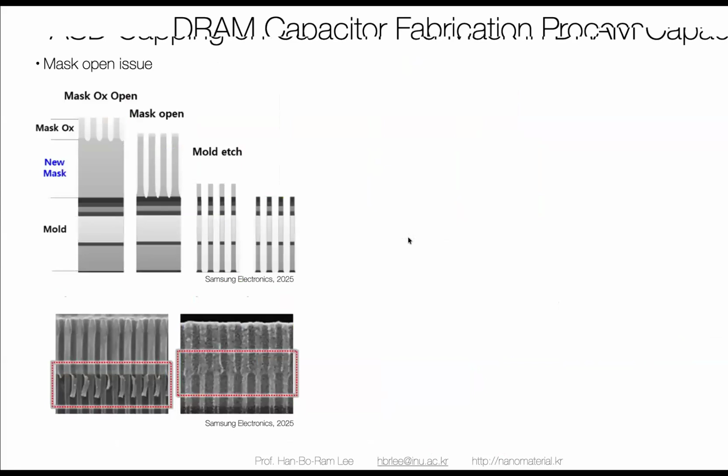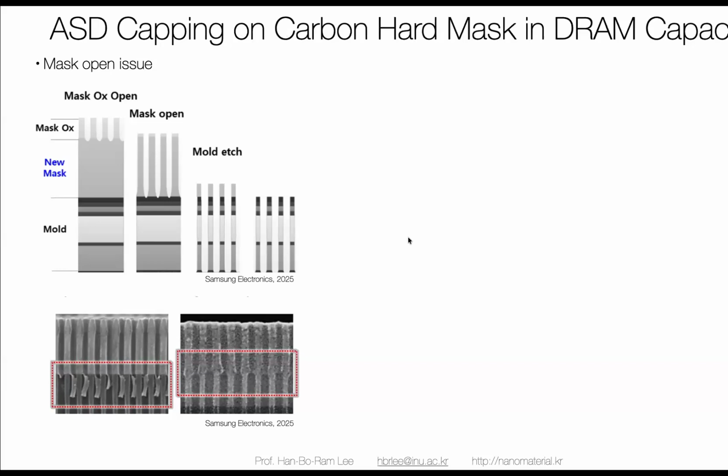The problem is, to increase the capacitance of the DRAM cap, we have to increase the aspect ratio more. So to make the higher aspect ratio cap structure, we need a very good etching profile, but that is very difficult because during this etching process, the etching mask should be maintained on the top area.